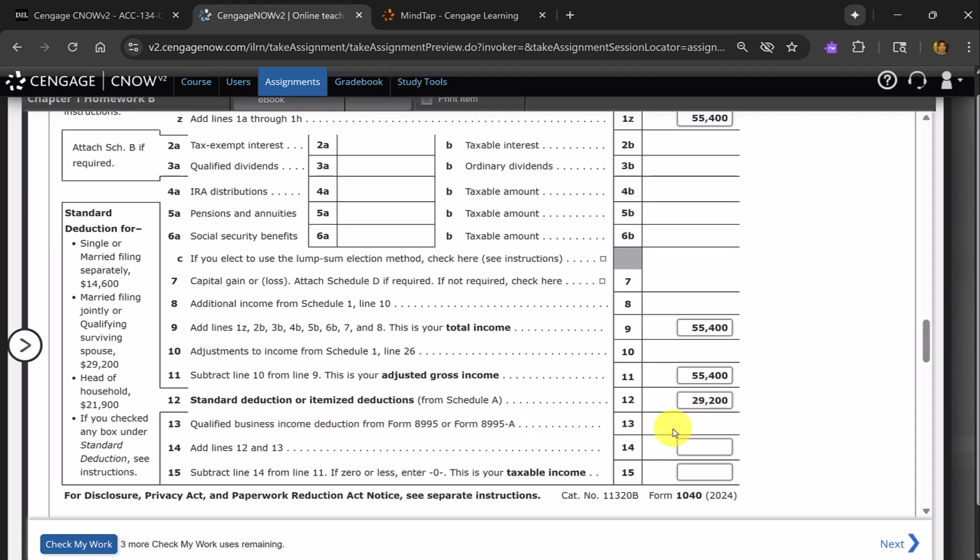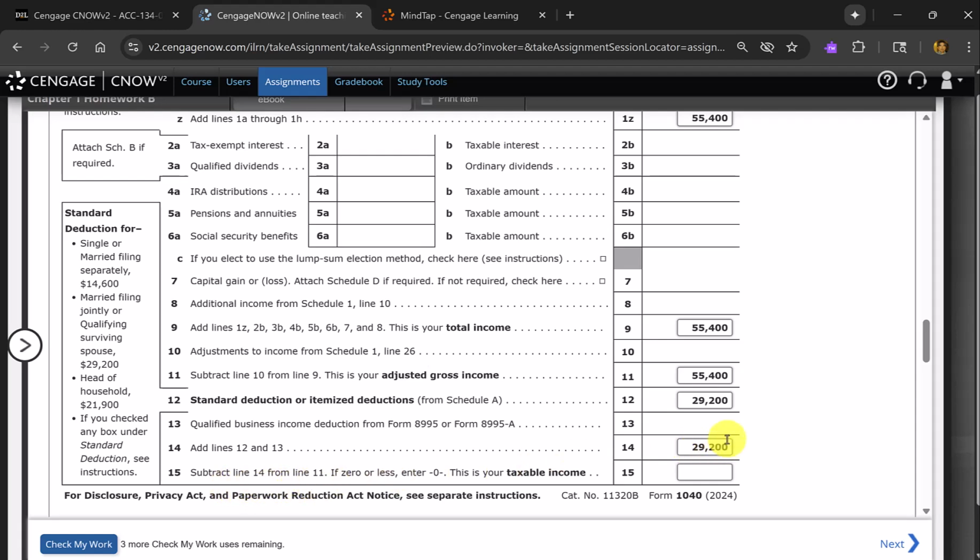So adding up lines 12 and 13, you're supposed to be reading the description now for each line here. Don't just blindly fill it in like I'm kind of doing right now. Is that 29,200? And line 15 is our base, the taxable income. Subtract line 14 from line 11.